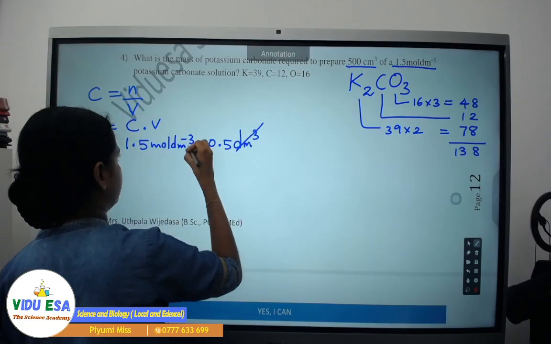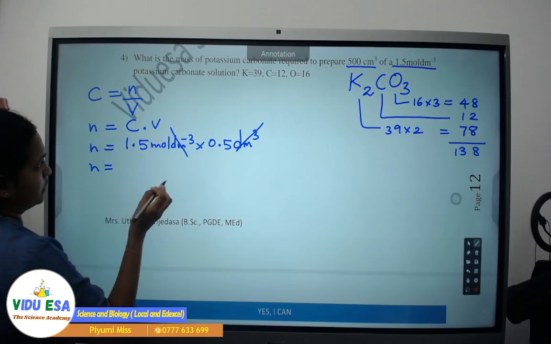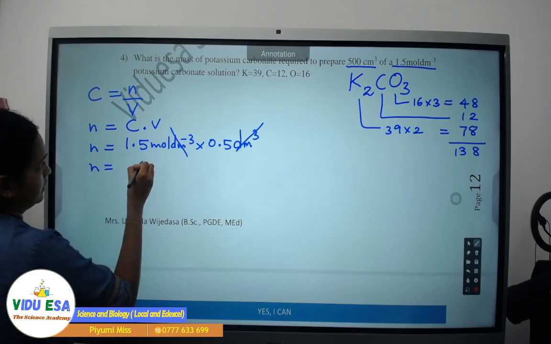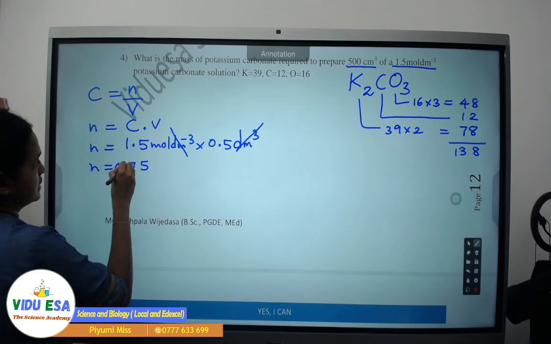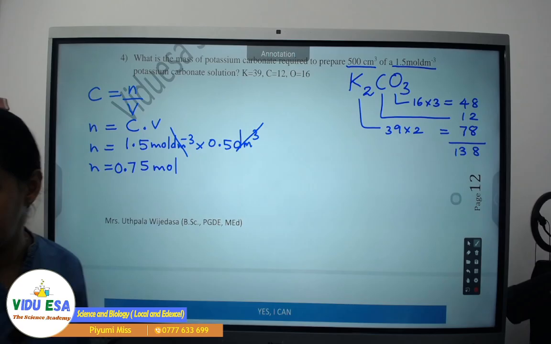So the number of moles equals 1.5 into 0.5, that is 0.75 moles.